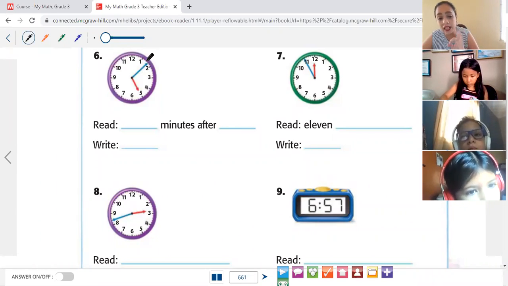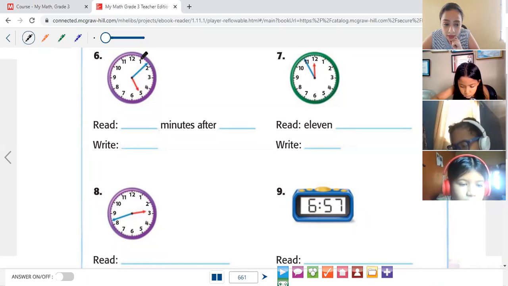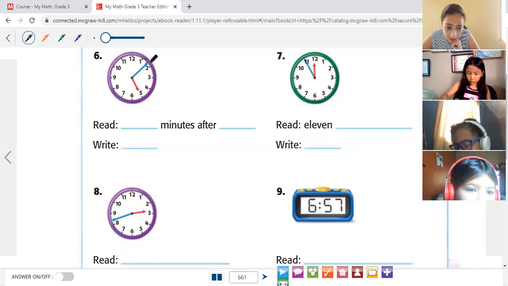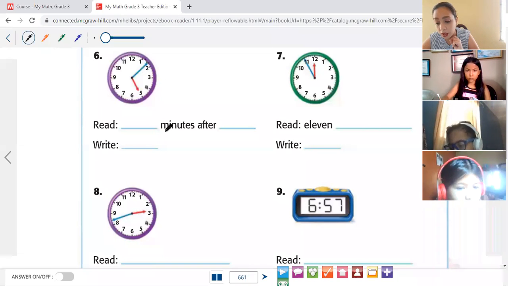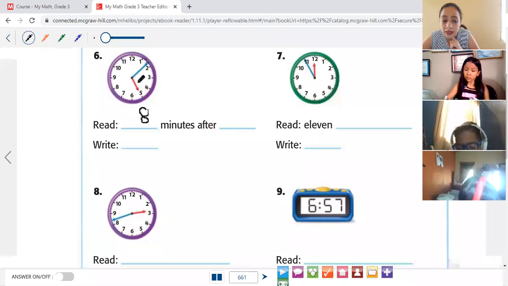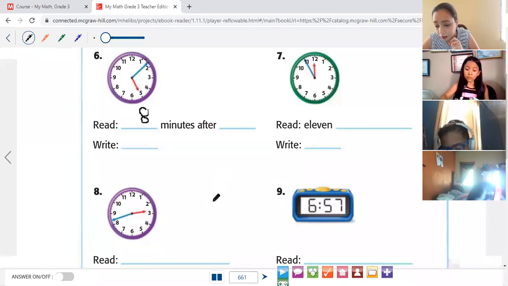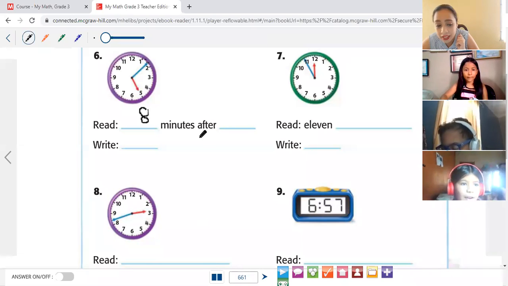Remember, the little lines in between the numbers tell me 1 minute has passed. So you start counting and say 5, 6, 7, 8, right? So 8 minutes after what time? What hour?